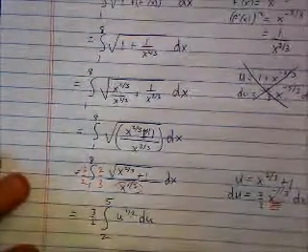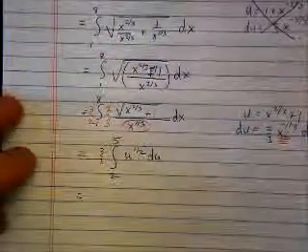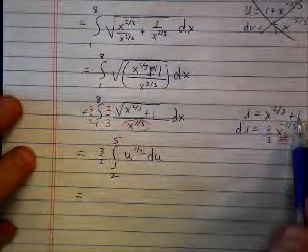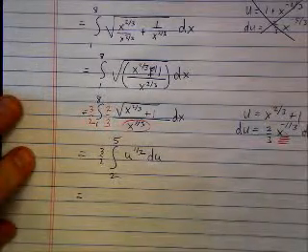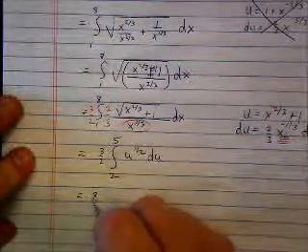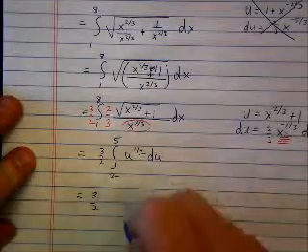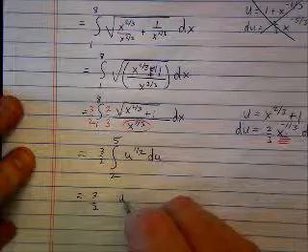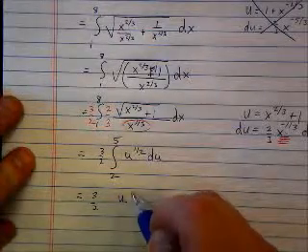Final answer looks like you've got 3/2. You wrote 5. No, because it's 4 plus 1. Oh, 4 plus 1. We have the 3/2. What's the antiderivative of u to the 1/2? No, that's derivative. Antiderivative.